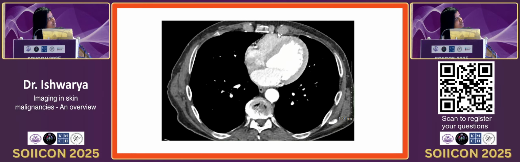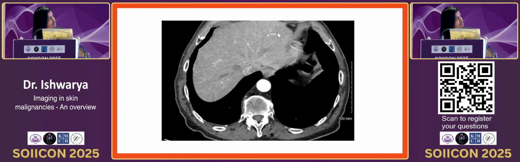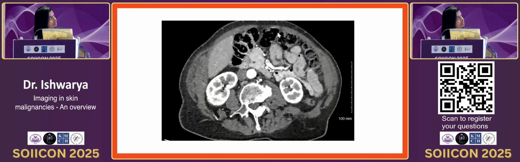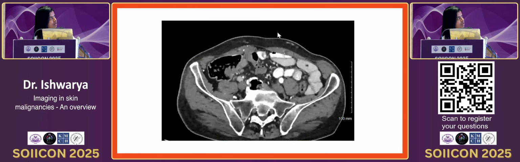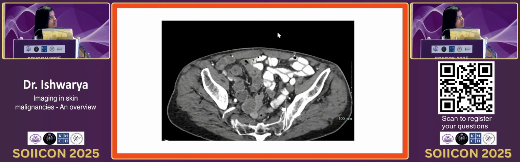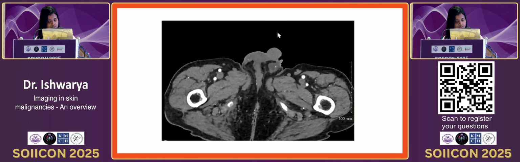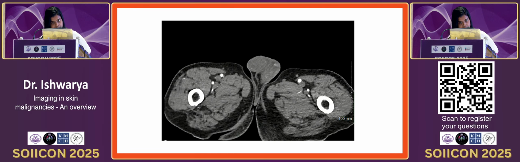The left chest wall tumor was excised, and the biopsy report comes as a metastatic carcinoma. My trainee comes up saying that he found a left axillary nodal metastasis but no primary site. Did anyone spot anything? Sorry, it was a quick scroll.